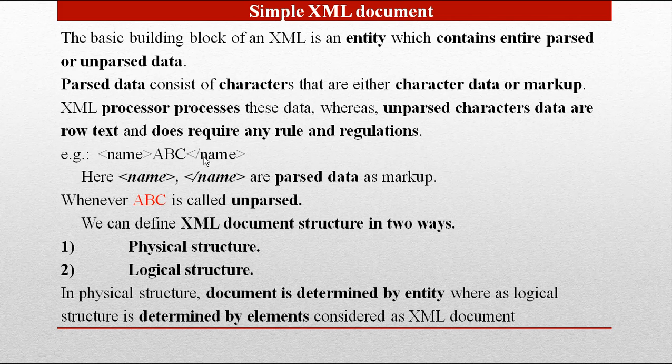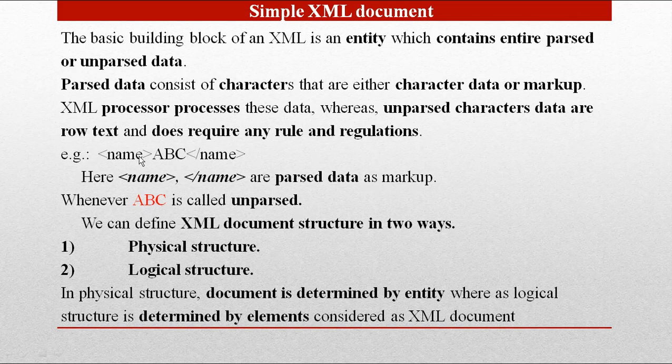Example, name and slash name. This is the tag name and slash name, and in this opening and closing tag there is ABC, capital ABC. Here name and slash name are parsed data as a markup, while ABC is called unparsed data.